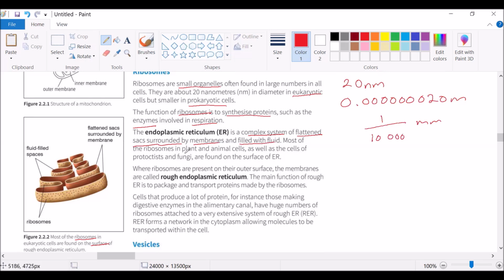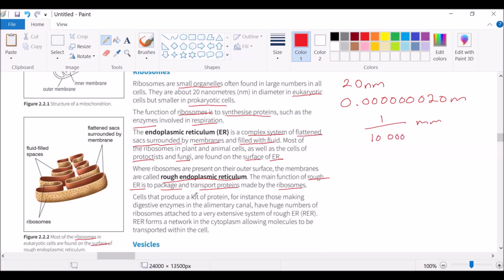Most of the ribosomes in plant and animal cells, as well as cells of protoctists and fungi, are found on the surface of endoplasmic reticulum. Where ribosomes are present on their outer surfaces, the membranes are called rough endoplasmic reticulum. The main function of rough ER is to package and transport proteins made by the ribosomes.